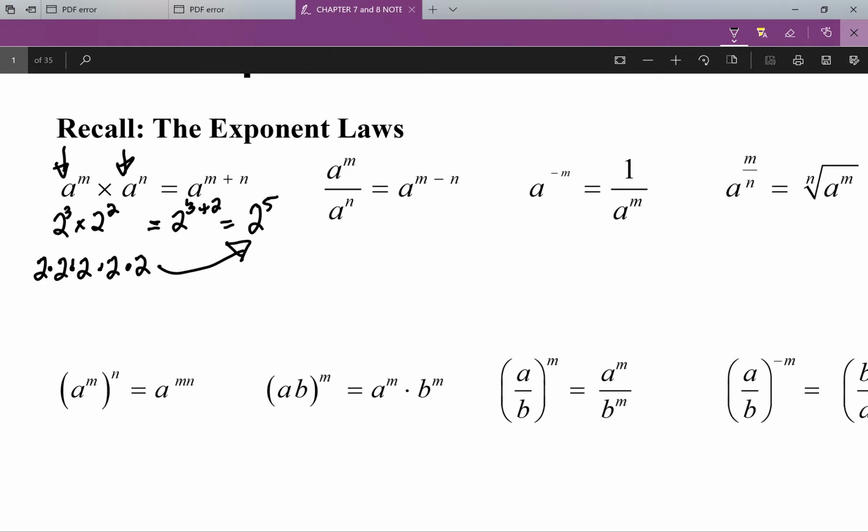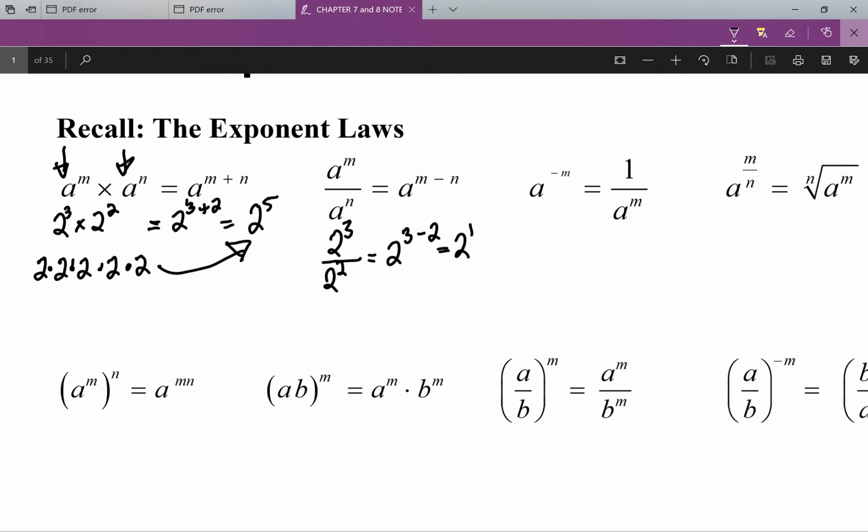Or rather, I would have 2 to the power 5. In my next case, a to the power m over a to the power n equals a to the power m minus n. So if I had 2 to the power 3 and I divided that by 2 to the power 2, this would equal 2 to the power 3 minus 2, which would equal 2 to the power 1.